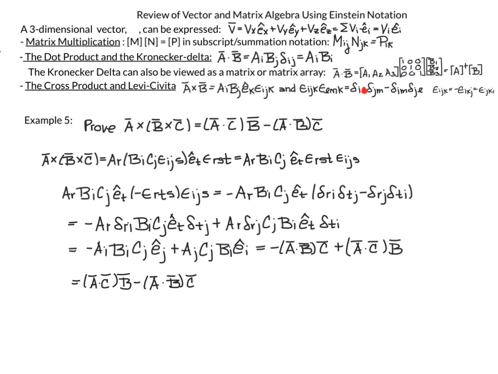And then after that, we use this property here to replace these epsilons with deltas. And one thing I wanted to mention, I did use this property because it does simplify things, but also at the time I was thinking this Kronecker delta would come in handy because that's my dot product. But anyway, things did simplify down, and you can look at the calculations, and I do end up with the desired result here.